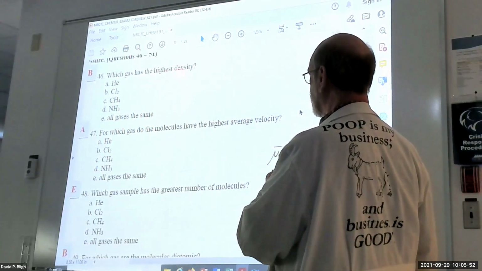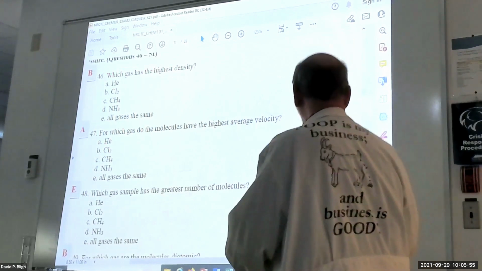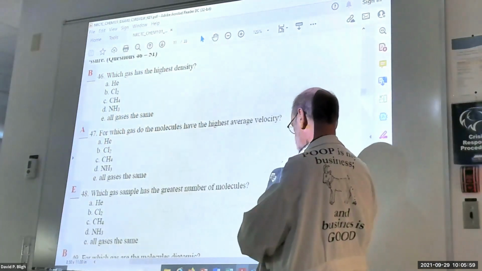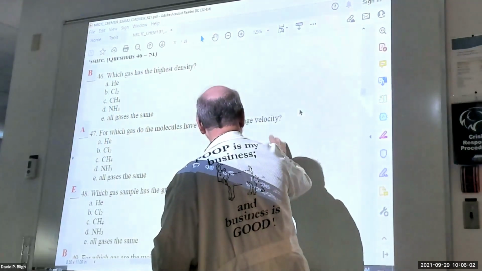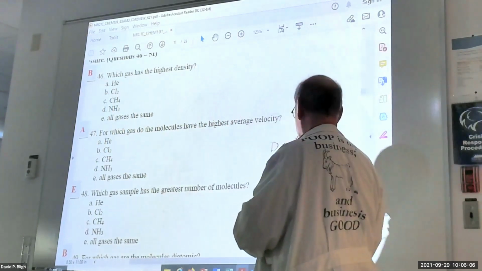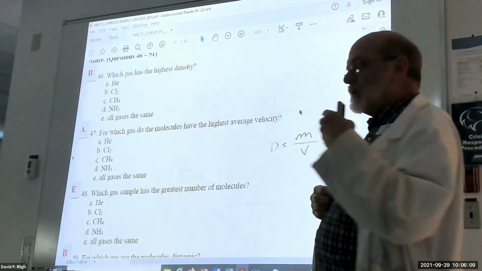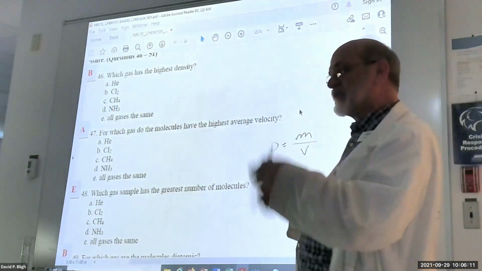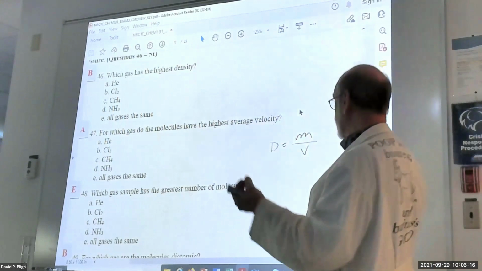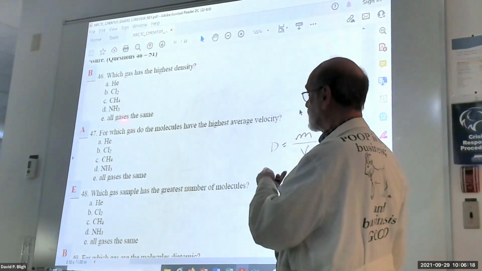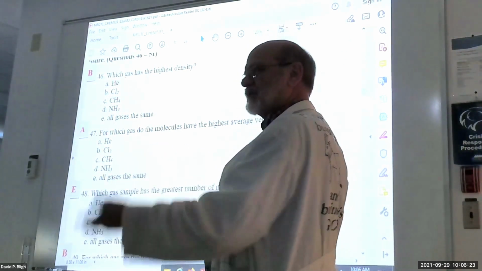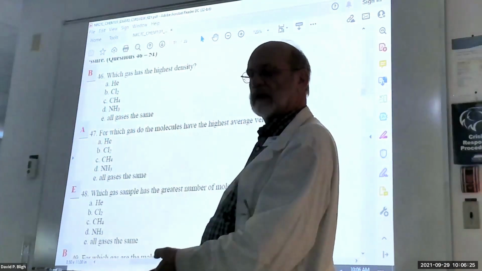Which has the highest density? What is density? Density equals mass per unit volume. So if our volume contains exactly the same number of particles, then we can look at individual particles and assess the mass relationships. Helium is 4 grams per mole.